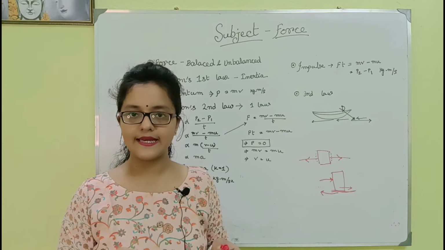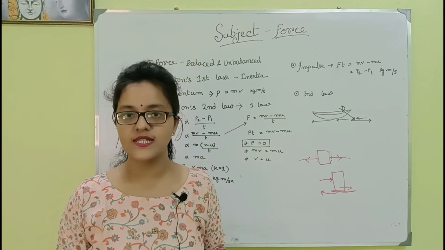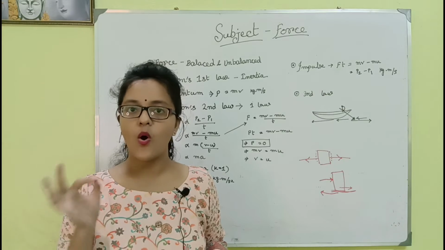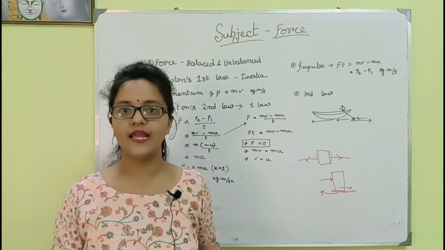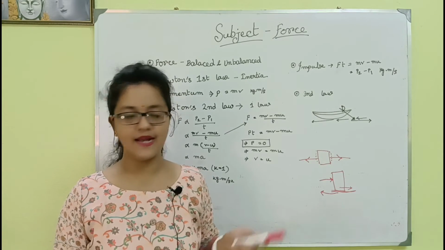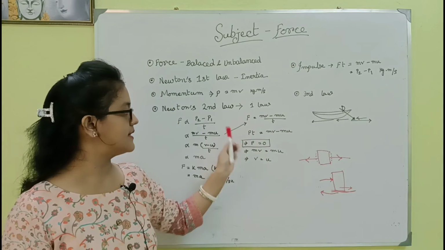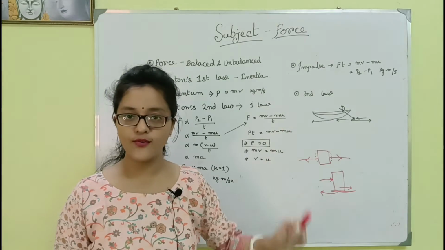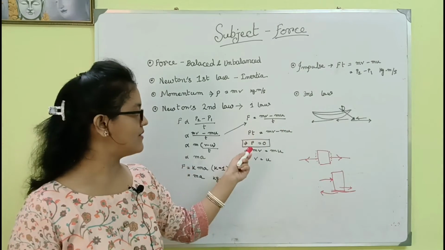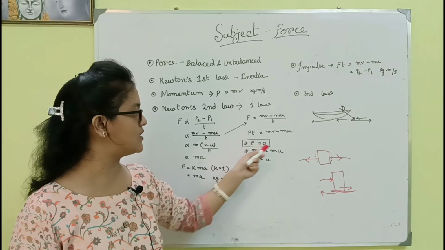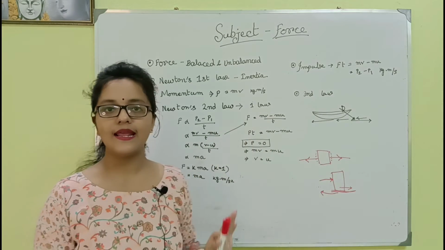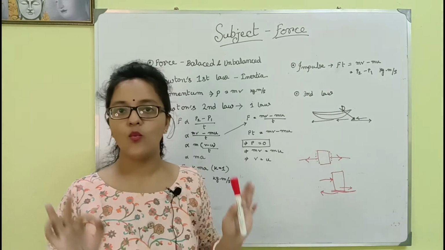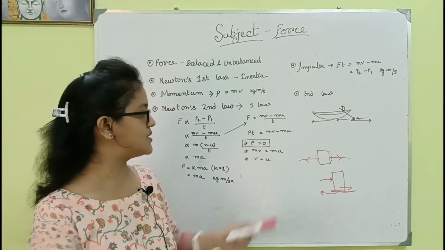When there is no external force, the body has a tendency to stay at rest or in motion. Here we can notice that when external force is absent, F is equal to 0.